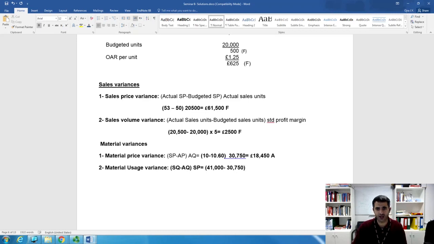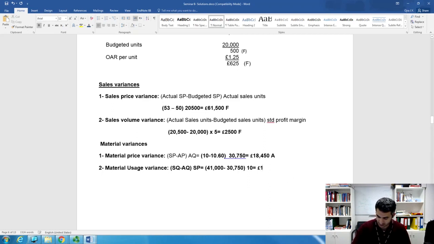What is the standard price? If you go back, you will see that the standard price equals 10. Let's do it. So that's 41,000 minus 30,750 equals 10,250 times 10 equals 102,500.